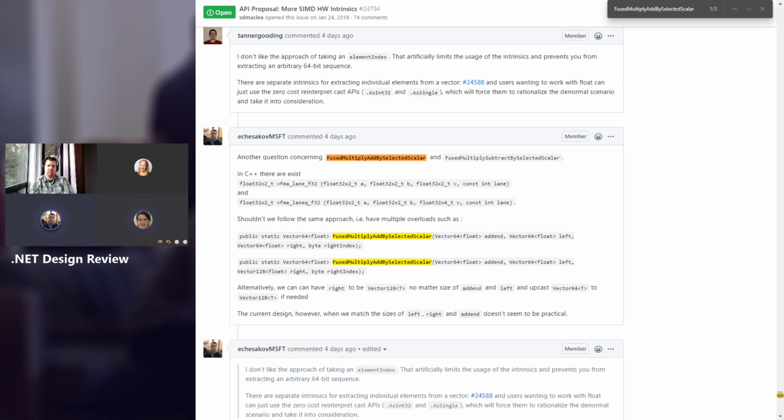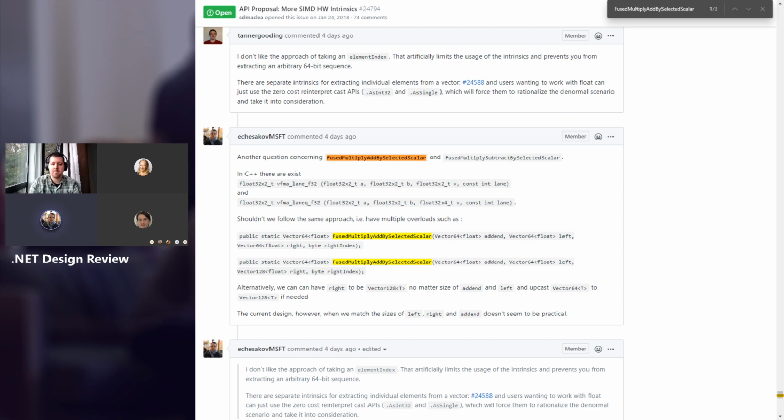Well, it's not quite that simple. With most of the instructions, the size of all operands are the same. But in the case of FMLA, there's both a Q bit and an H bit. The Q bit controls the size of the result, the addend, and the left, but the H bit controls the size of right. So you can actually have vector 64 left and vector 128 right. I didn't know that.